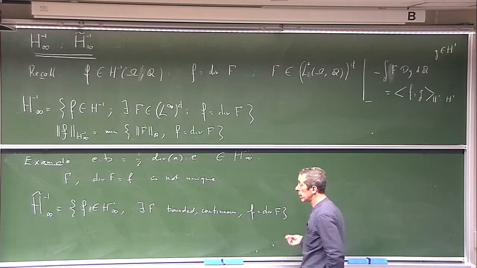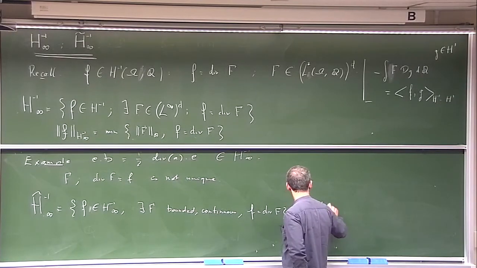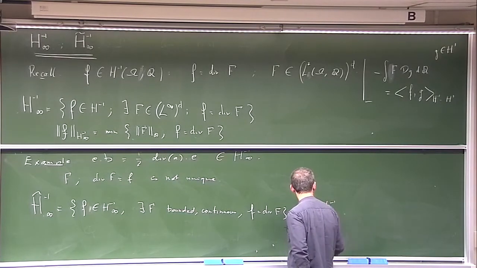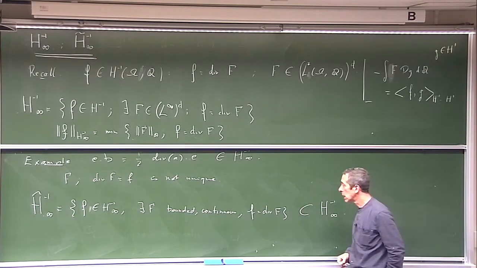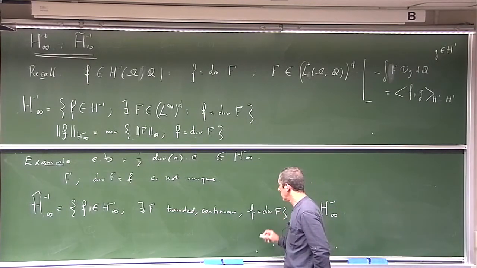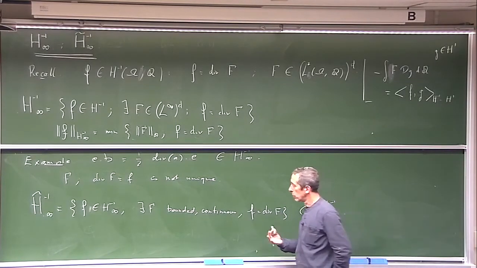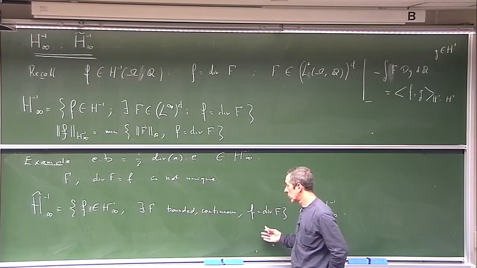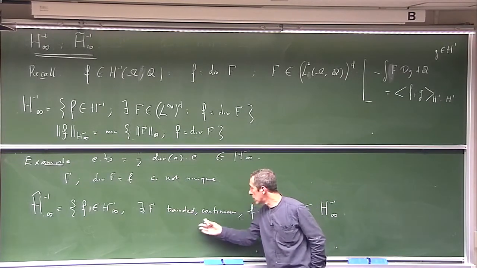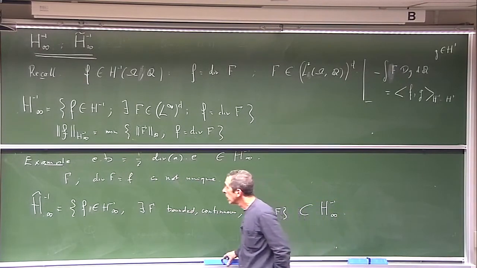So H tilde^{-1,∞} will be a subspace of H^{-1,∞}, a closed subspace. In H^{-1,∞}, it is generated by, for diffusions in a random environment, functions, big F's, which are local functions. Okay?